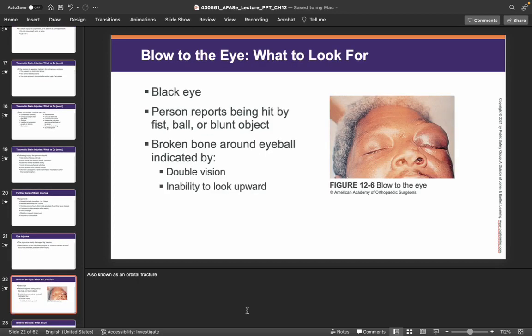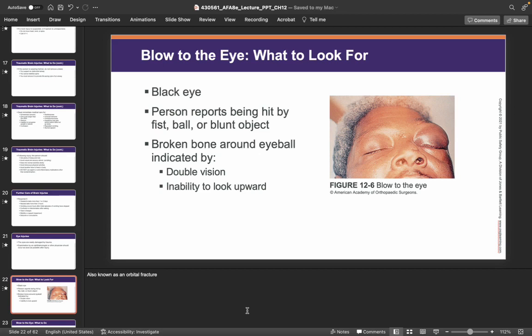Okay, so when it comes to a blow to the eye, some things to look for. Of course, a black eye, bruising around the eye. If the person reports being hit by an object, getting punched, something like that. If there is a fracture around the eye, some things to look for. First of all, it's going to be real swollen.